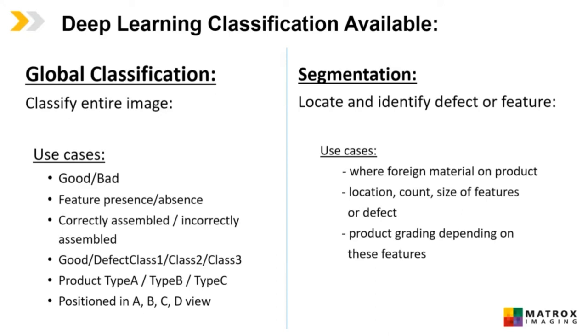This could be a tool to actually tell you where that foreign material is. Again, not just the location, but also the counting and also sizing of the feature or defect. And also as an end result, perhaps grading a product based on the quantity or the presence or absence of these features, right? So those are the use cases for the segmentation form of deep learning.